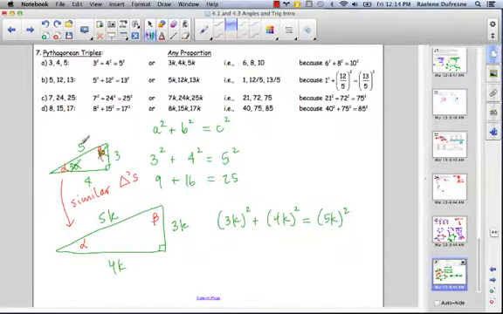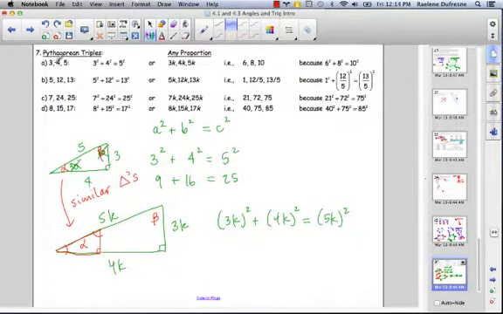So this could be 3, 4, 5, this could be 6, 8, 10, or it could be 30, 40, 50, or it could be 3 over 2, 4 over 2, 5 over 2, and Pythagorean theorem would still hold, which means that no matter how we scale the triangle, if we preserve the angles, then we have similar triangles and the sides are in proportion.